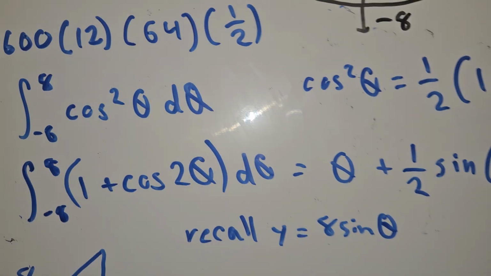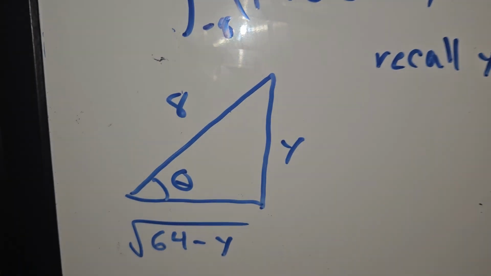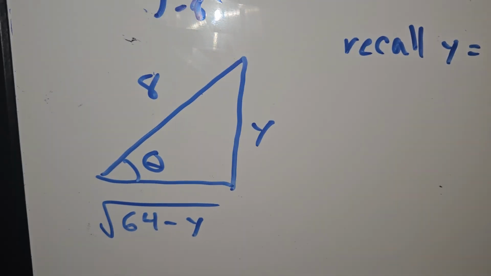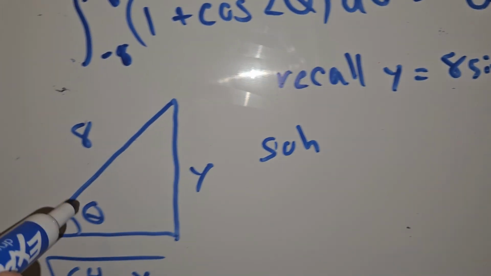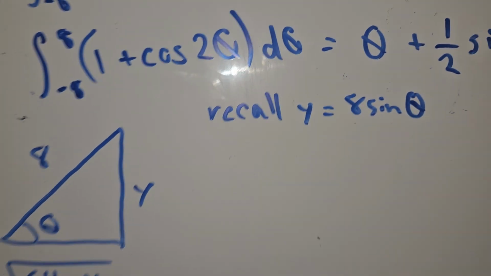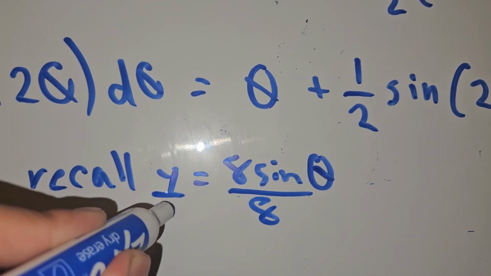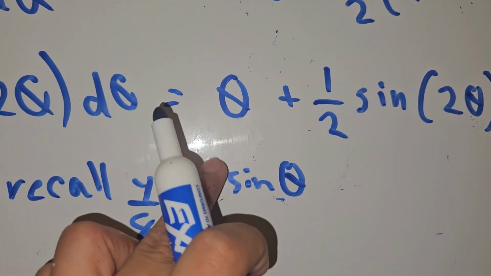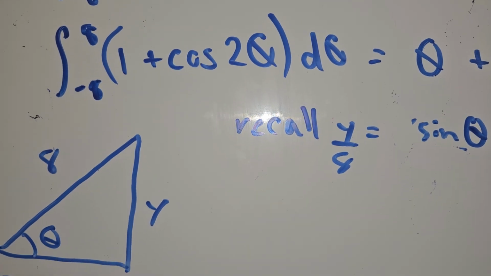Okay, so now that is what we have right now. And before I erased it to make room, remember that y is equal to 8 sine theta. So we have to draw the triangle. Sine is opposite over hypotenuse. So sine of theta is equal to y over 8, opposite over hypotenuse.